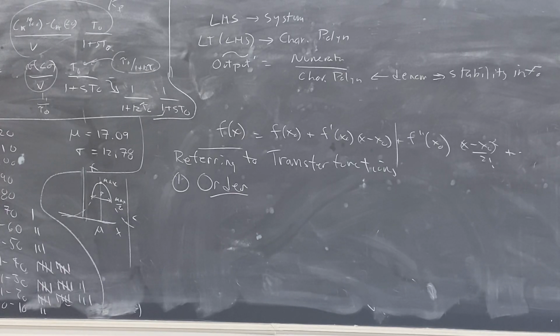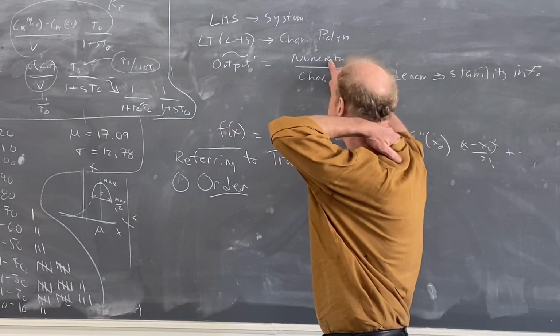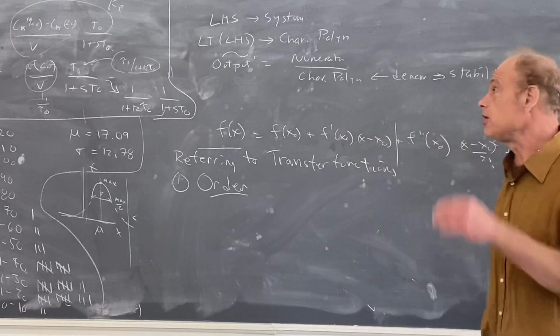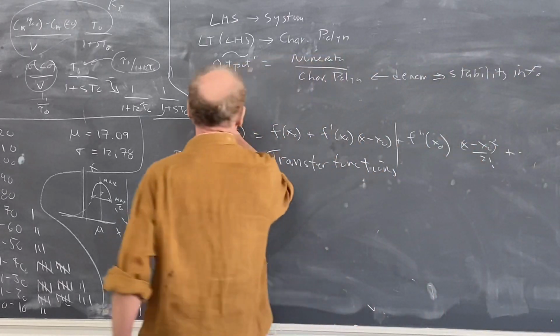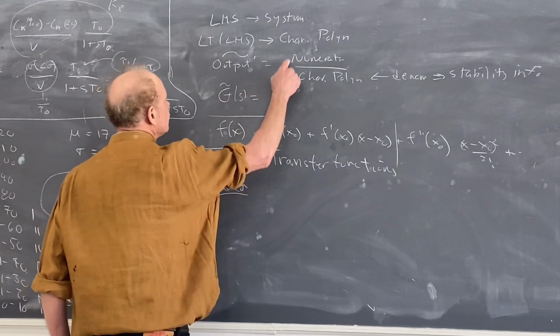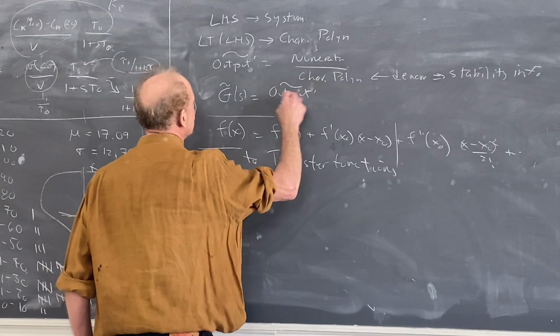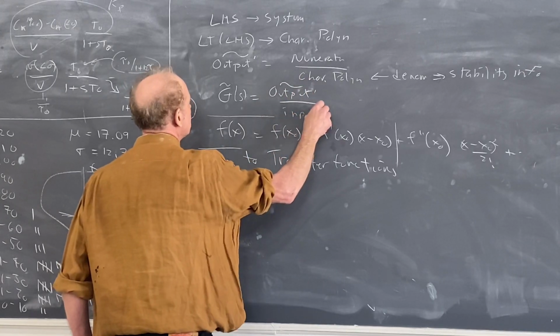The output, we said, is this guy, output prime tilde. It's got some numerator over the characteristic polynomial. When I go to this G tilde of s, this has got the output prime tilde over the input prime tilde.